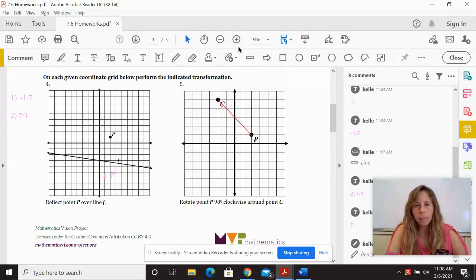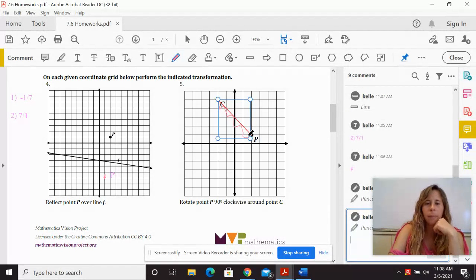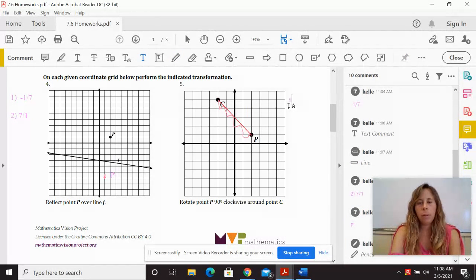Okay. So your slope is -1 over 1, or just -1.